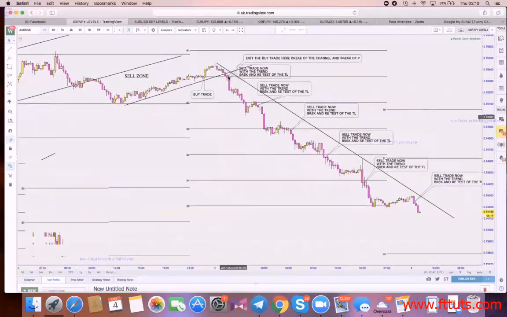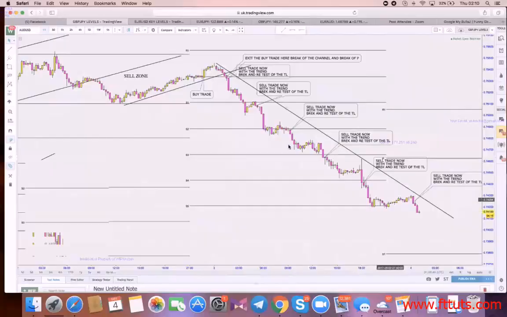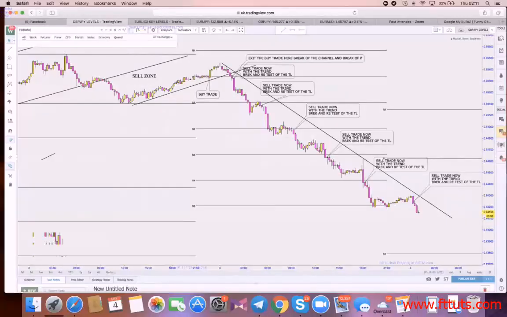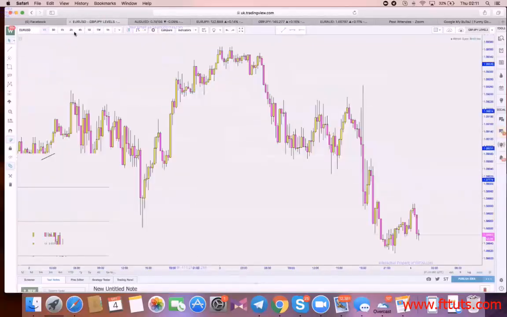You could have easily stayed in just one trade, guys. Make sense? There's no reason for you to close these trades. But still, to begin with, I want you to focus from one pivotal level to another and book the profits. Make sense? Don't try to be over smart. Everybody understand, right? Okay.